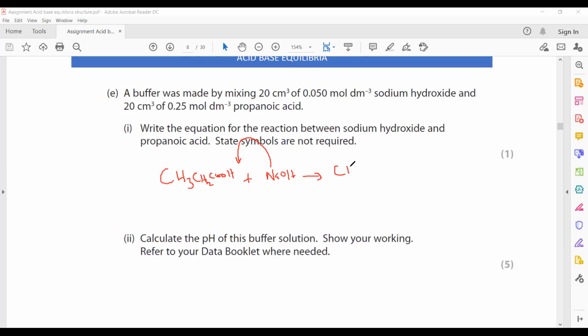This will be CH3CH2COONa plus H2O. Now this is the equation. We need a buffer, and refer to your data booklet where needed, because you need a Ka for propanoic acid. That's why you need a data booklet.